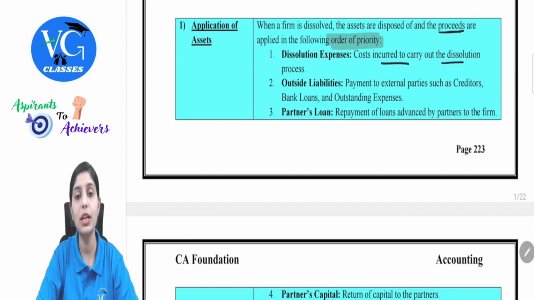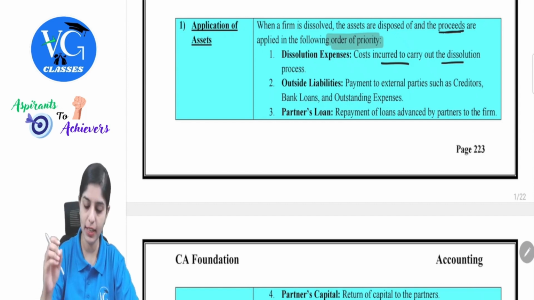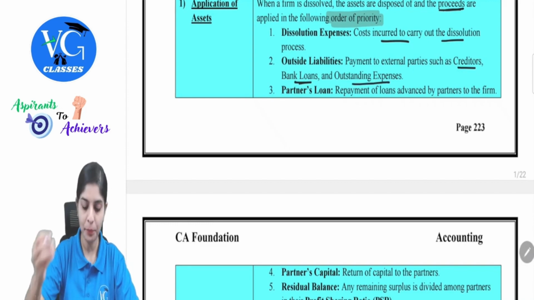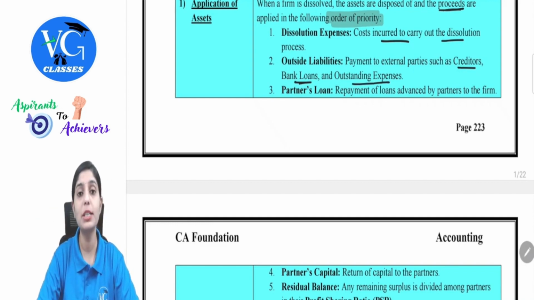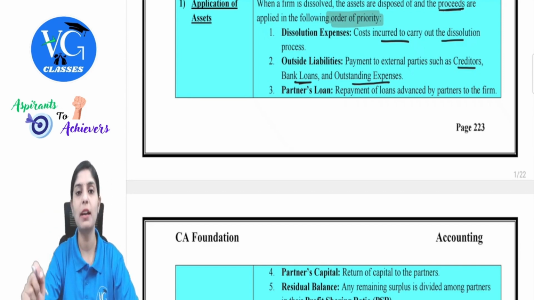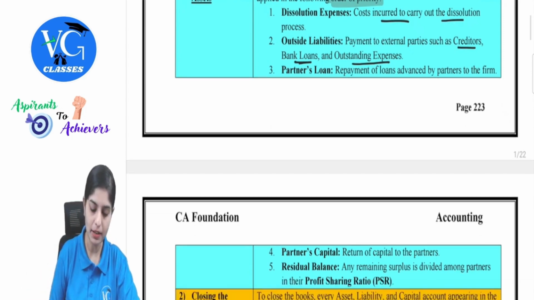Second preference will be towards outside liability. So, outside liability includes your creditors, bank loans, and any other outstanding expenses. Next priority will be towards partners' loan. So, repayment of loans which are given by partners to the firm. So, that will be the third priority. Next comes partners' capital.